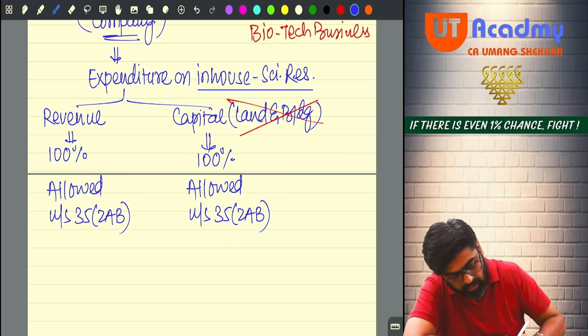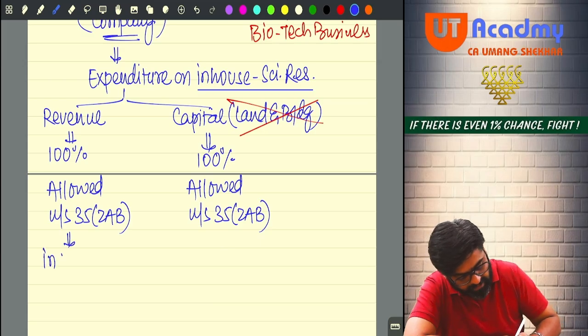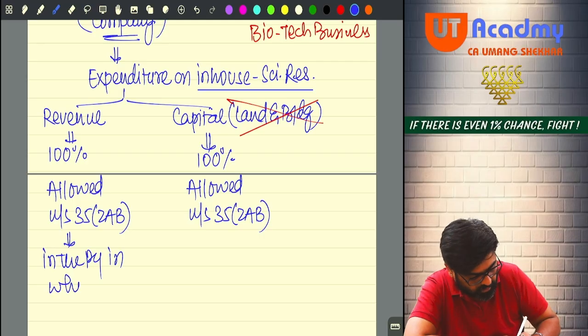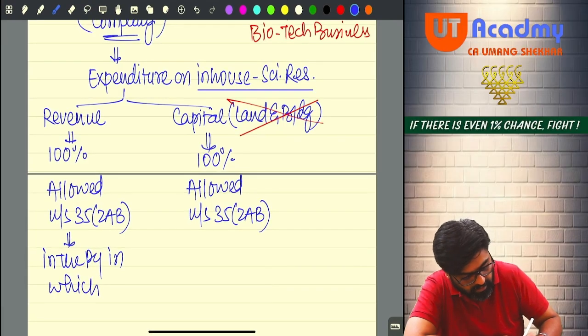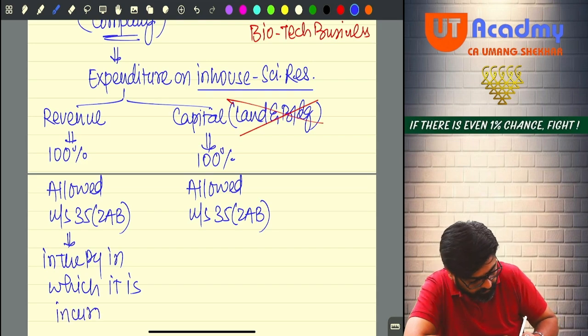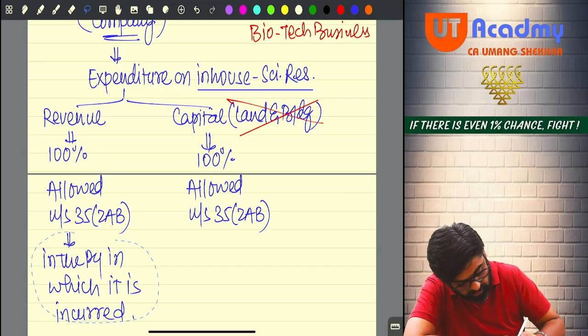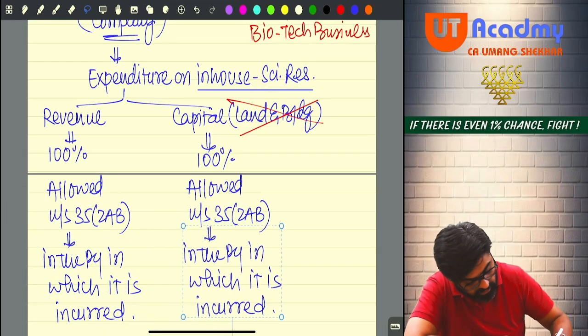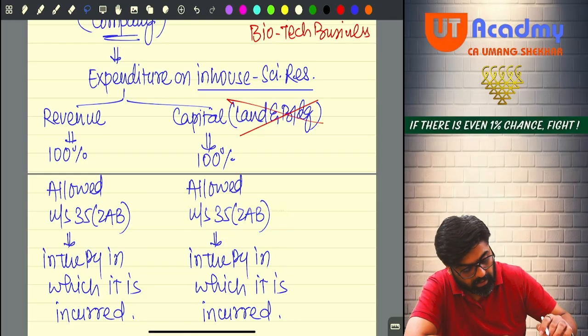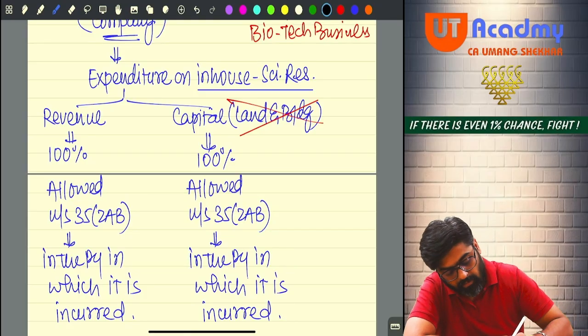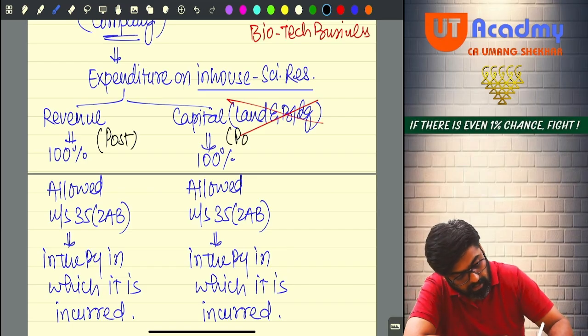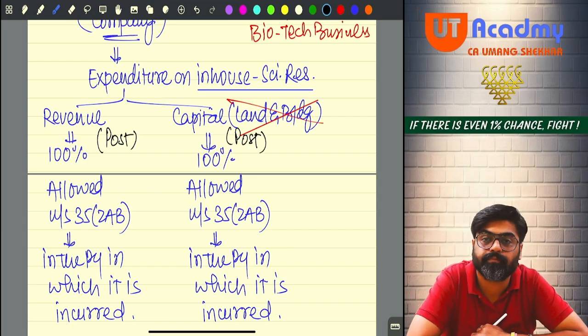It will be allowed in the previous year in which it is incurred, meaning that they are talking about post commencement revenue and capital expenditure.